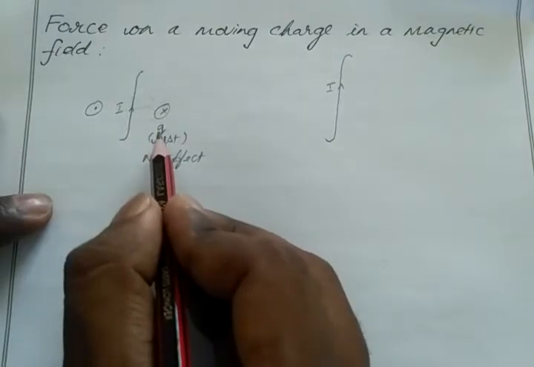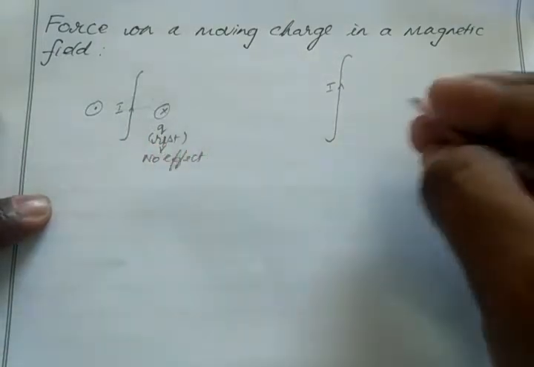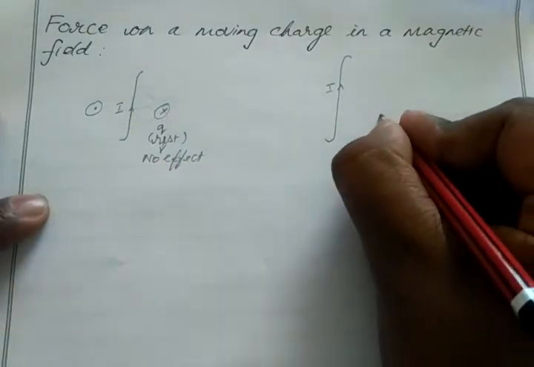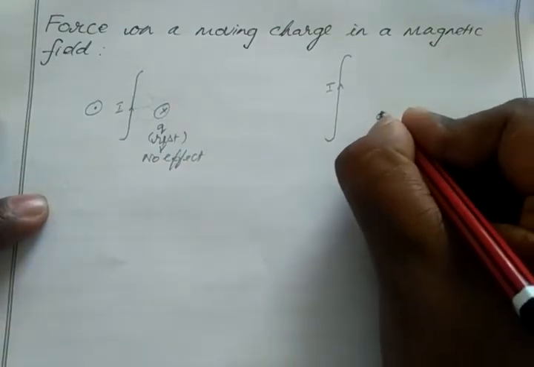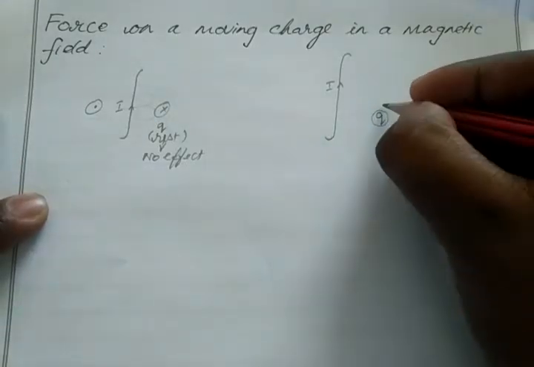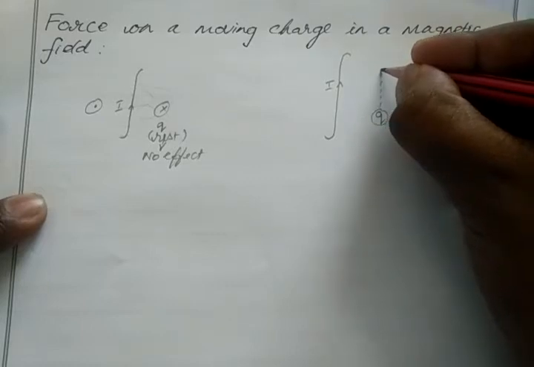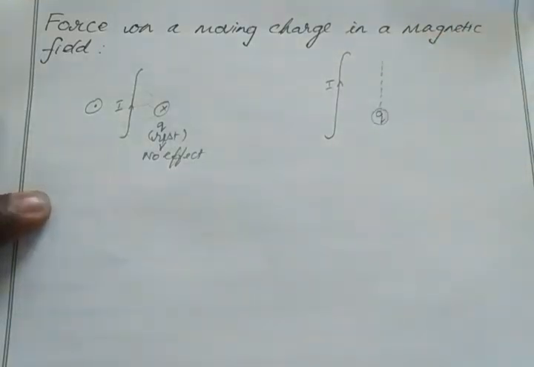Now I put this charge, but the charge is not in rest position. The charge is now moving. My charge Q is now moving, it moves like this. So now what will happen?